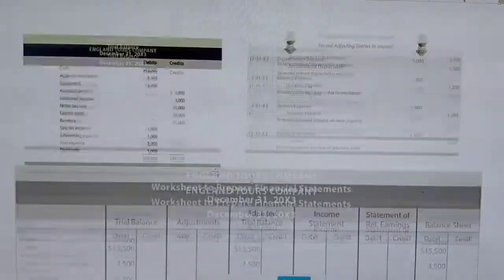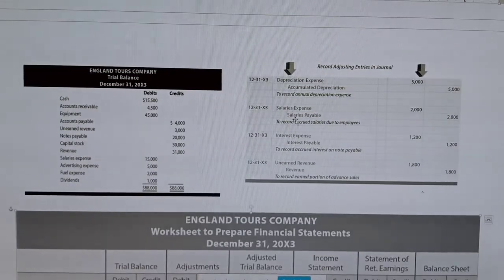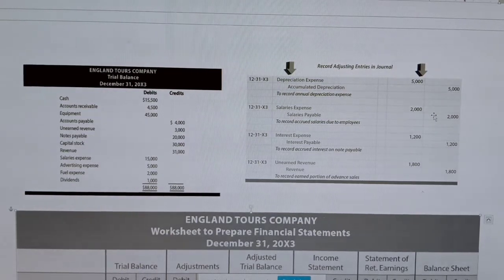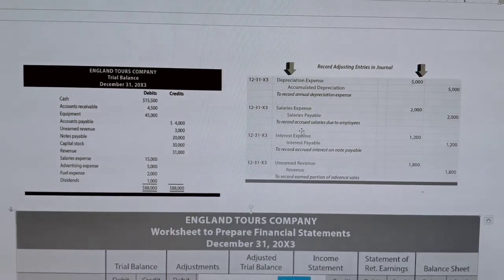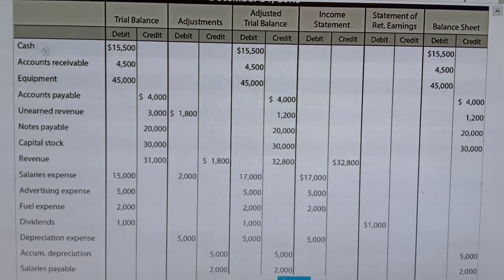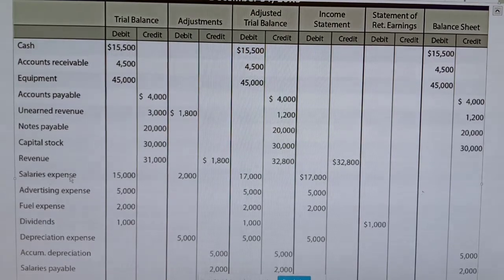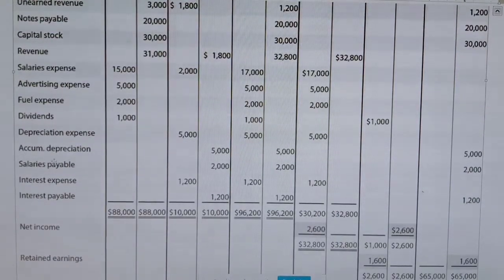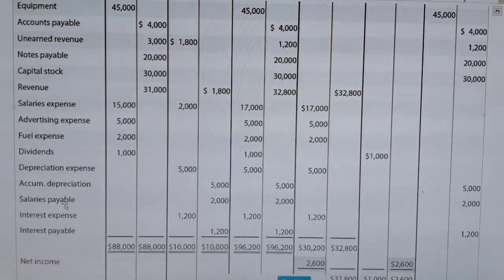Okay? So, next naman natin is yung salaries expense. Sa salaries expense natin, ang entry ay debit salaries expense 2,000, credit salaries payable 2,000. Okay? To record accrued salaries due to employees. So, sa salaries expense natin, kung papansinin nyo, from cash to dividends, meron tayong account na salaries expense. Kaya hindi na natin kailangan idagdag pa dito sa ilalim yung account na salaries expense.